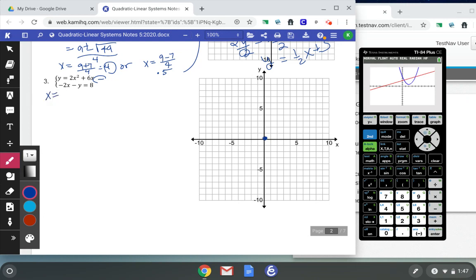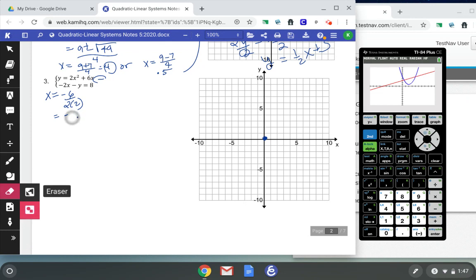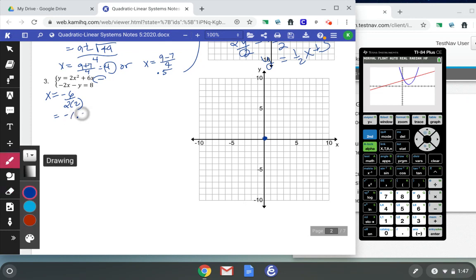X equals negative 6 over 2 times 2. So x equals negative 6 over 4. X equals negative 1.5. Okay.